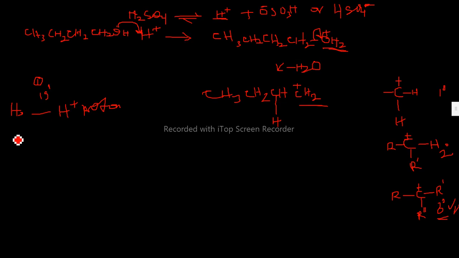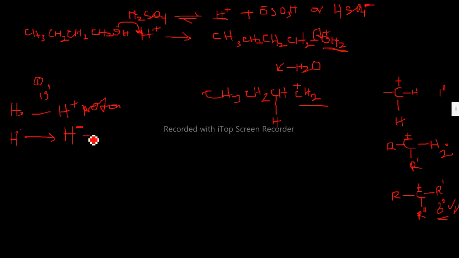But in case the hydrogen is reacted with a more electropositive element, then it will be induced to react as a hydride, where the hydrogen will receive one electron and becomes a negatively charged hydrogen ion.